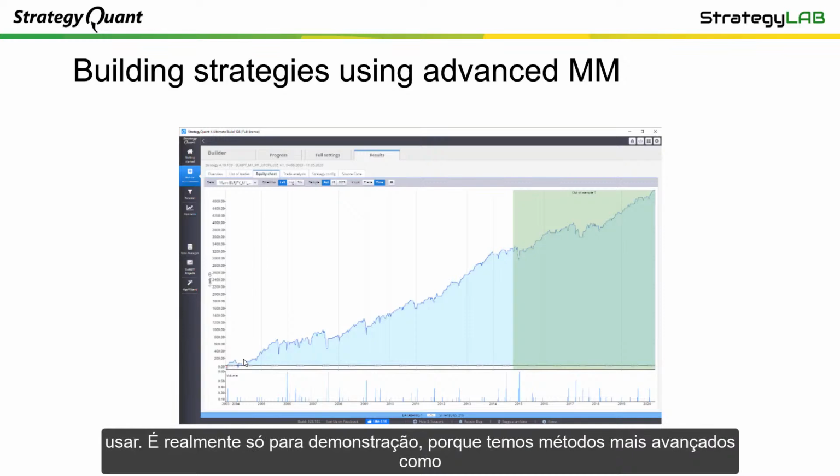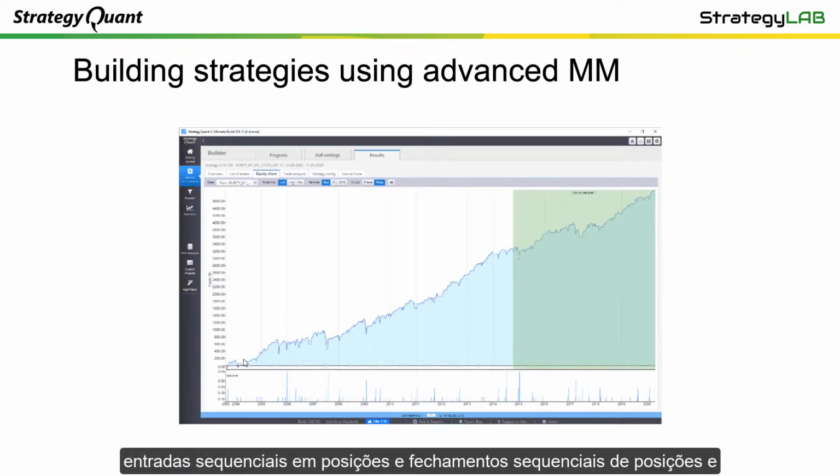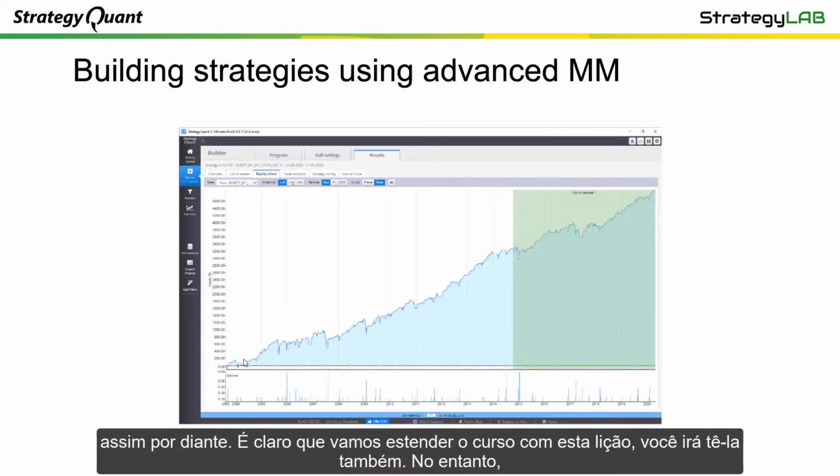It's really just for demonstration, because we have more advanced methods like sequential entering into positions, sequential closing of positions, and so on. So we will, of course, extend the course with this lesson. You will get that as well.